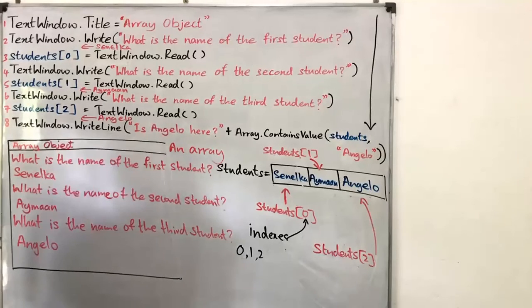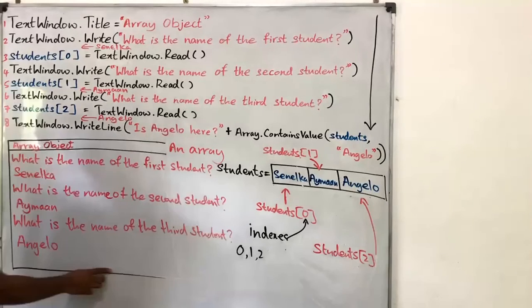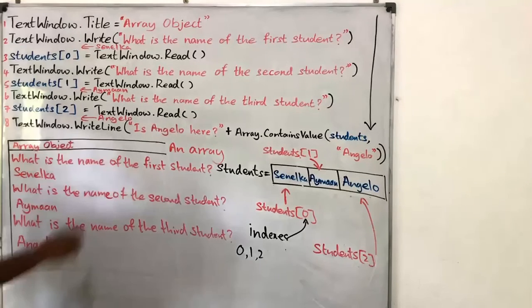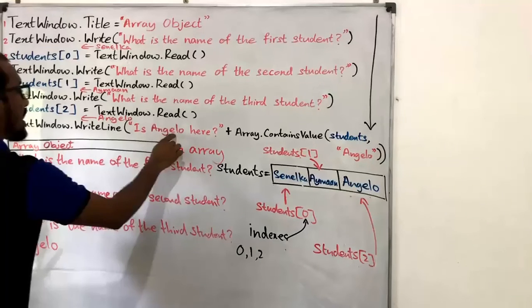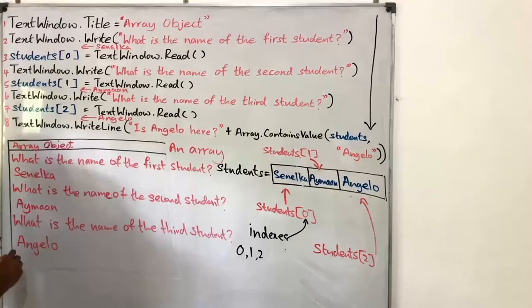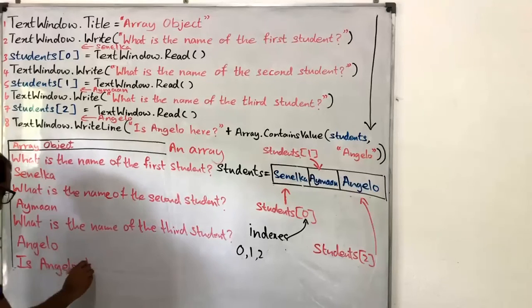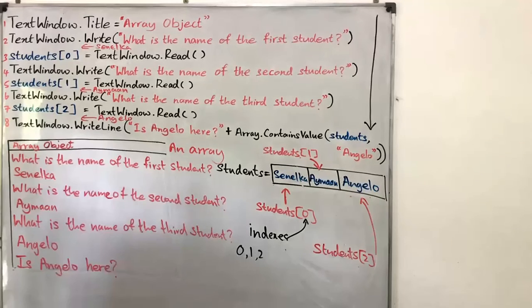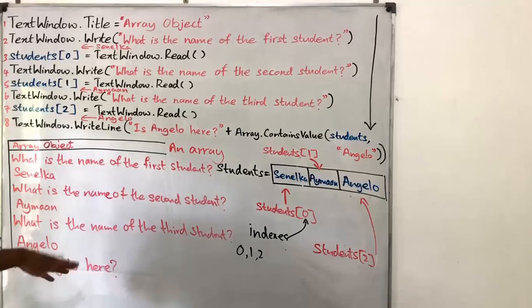What is it? Is Angelo here? Is Angelo here? A question. Okay. Then the answer should be yes or no.